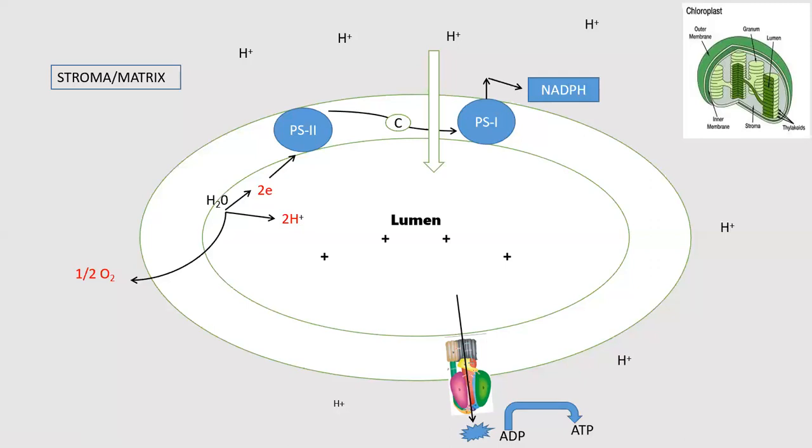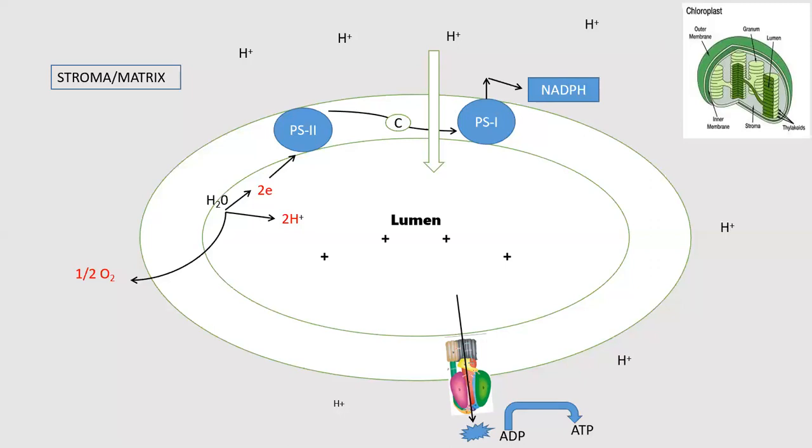So here let's try to understand what causes the proton gradient across the membrane. Why do the protons move from stroma to lumen, or which reasons cause the movement of protons from stroma to lumen?